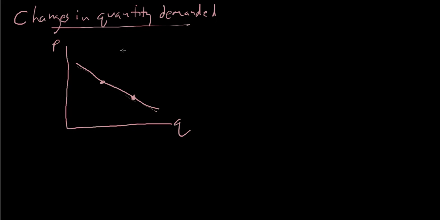So this is the movement along the demand curve, right? If you're moving along the demand curve, then we call that a change in quantity demanded. If you move this way, the corresponding quantity demanded will increase, and if we're moving this way, there's going to be a decrease in quantity demanded, right?